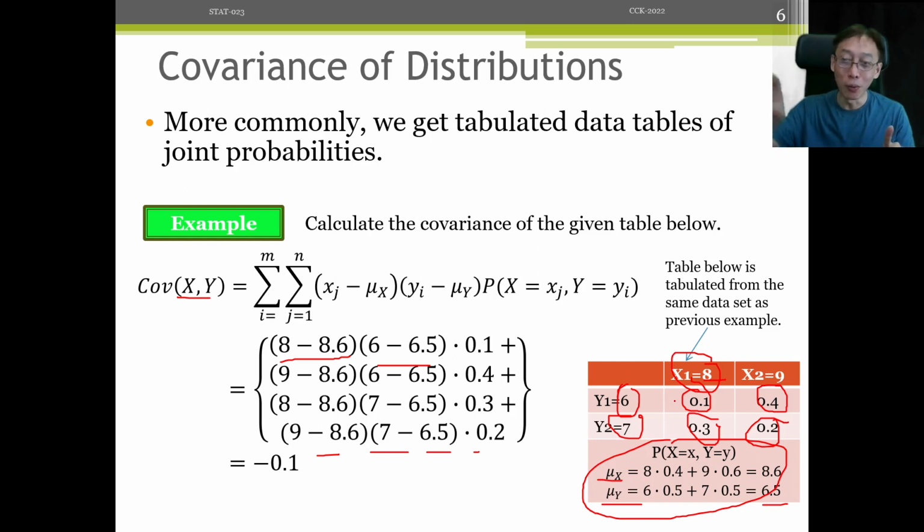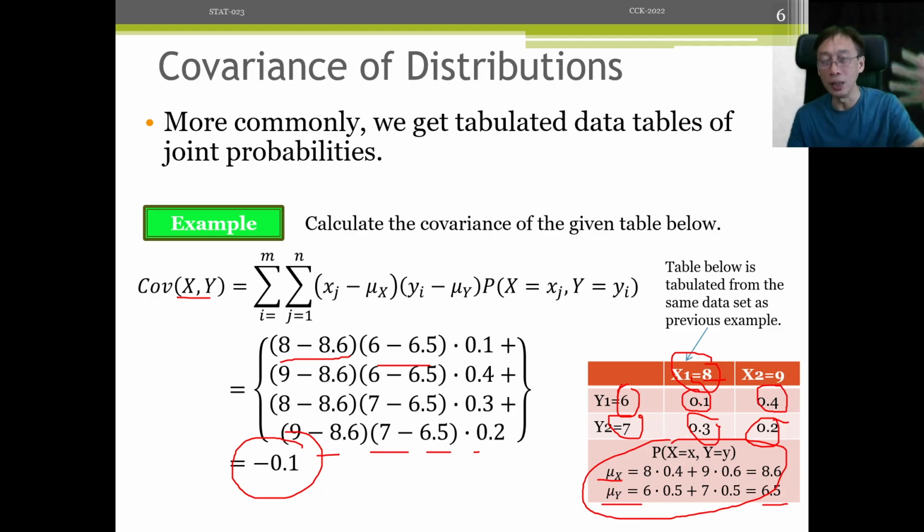If you happen to pull up the same number from any cell more than once, or skipped a particular cell completely, then it's wrong, confirm wrong, right? Unless the cell happens to be 0. So in the end we get what? Minus 0.1. So it ends up being the same, because actually this calculation is based exactly on the original raw listing of the data.